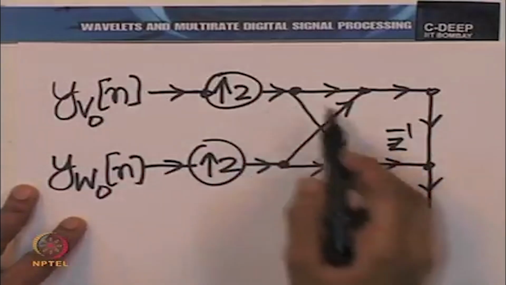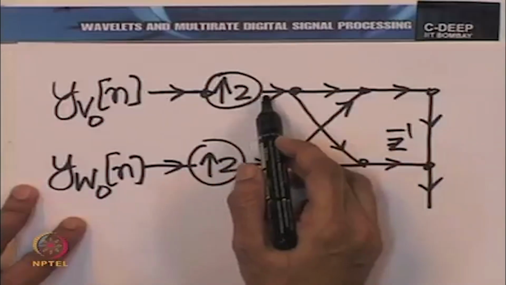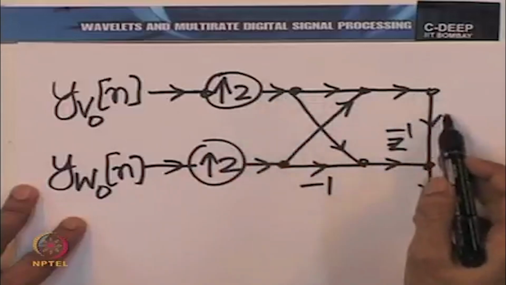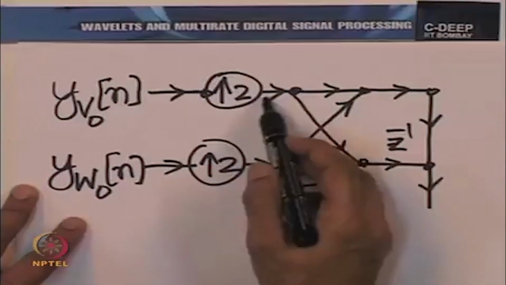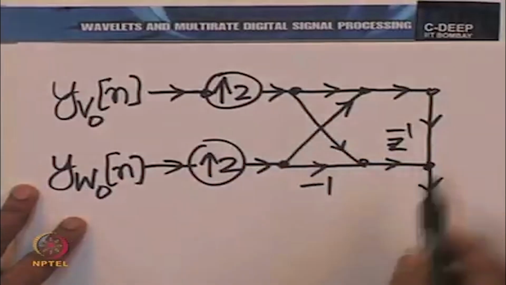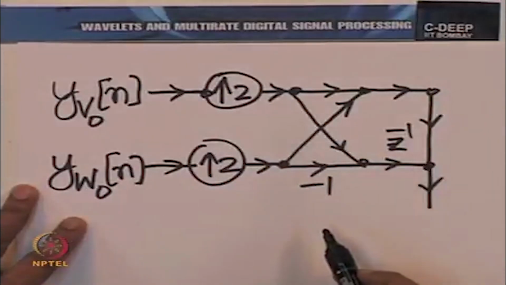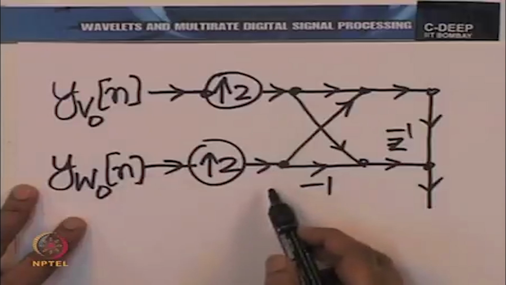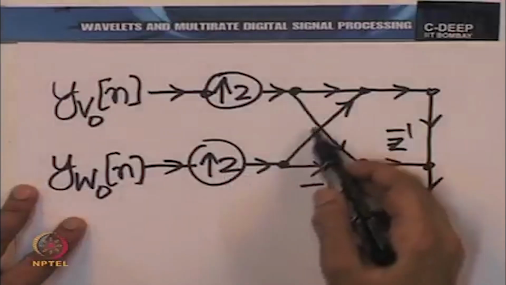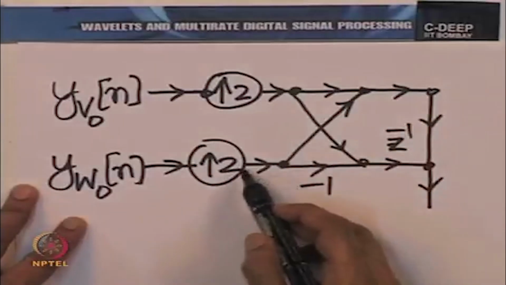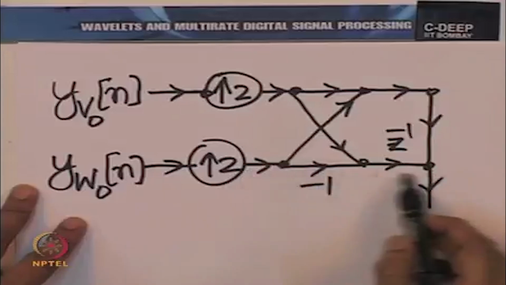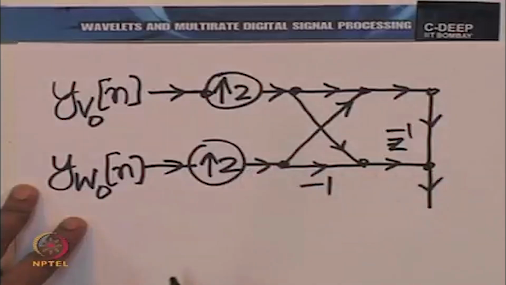This branch comes here with a transmittance of 1 like this and a transmittance of Z inverse like this, and this branch comes here with a transmittance of 1 like this and a transmittance of minus Z inverse like this.